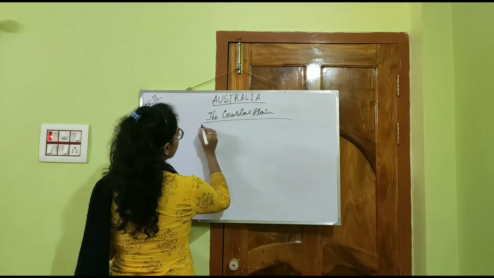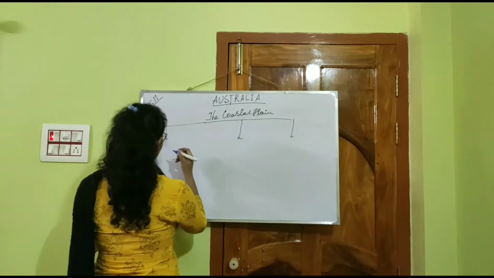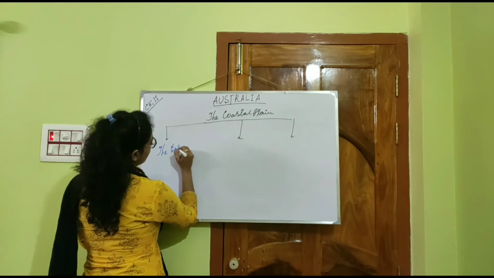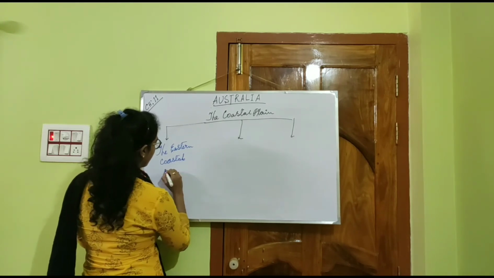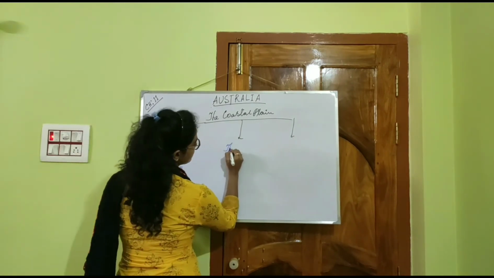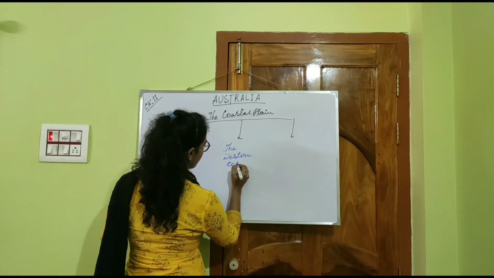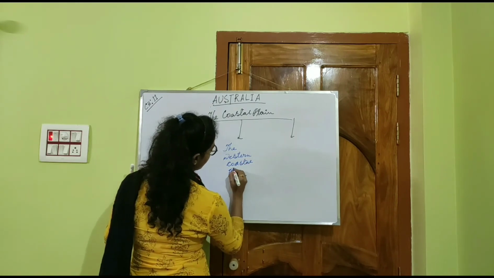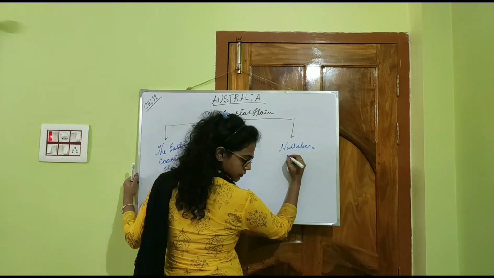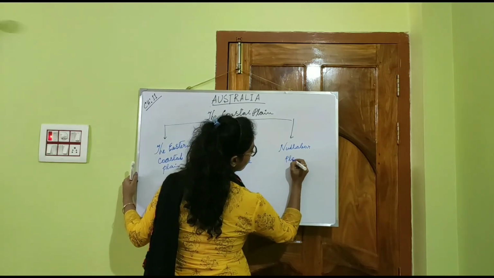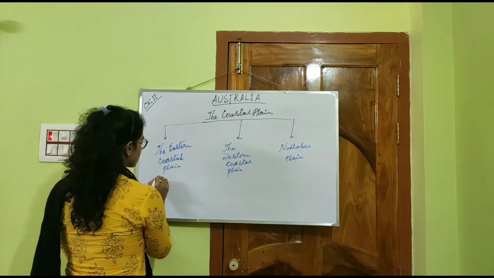This coastal plain is divided into three parts: the eastern coastal plain, the western coastal plain, and another one is the Nullarbor Plain. These three are the parts of the coastal plain.